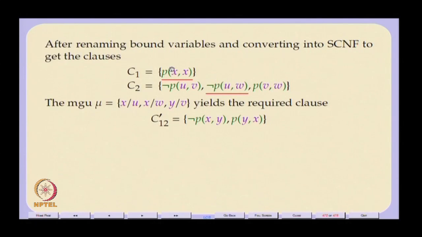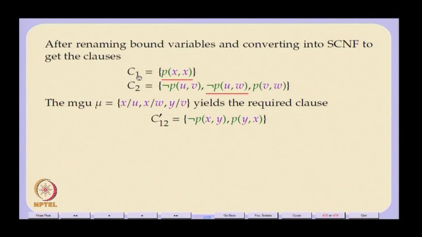If I look now, we have only one atomic symbol here, and you find some most general unifier. Look at it: in this class C2 there are both positive and negative occurrences of the same atomic predicate symbol.